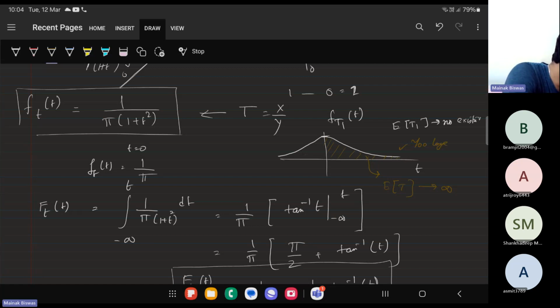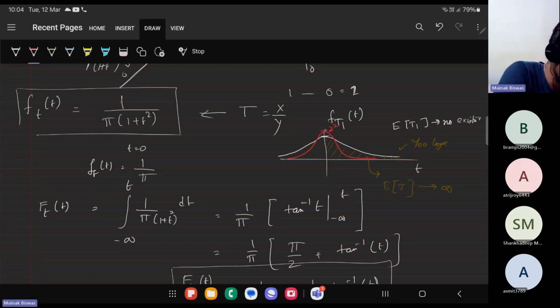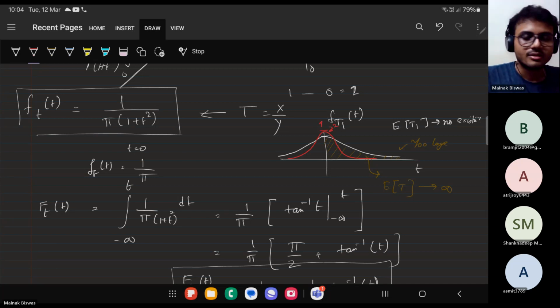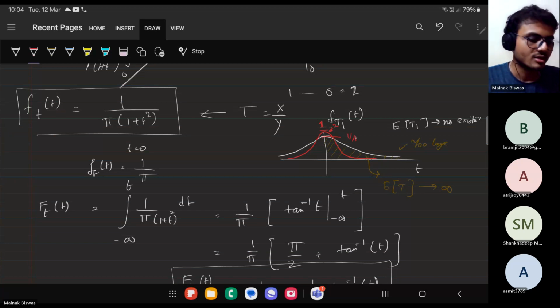So your z square looks something like this, very fast tail. This is your z square, right? It is 1. And this is equal to 1 by pi. So do you see why I was telling the tail is longer for a student t distribution?